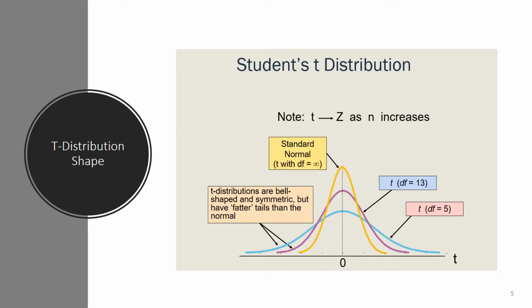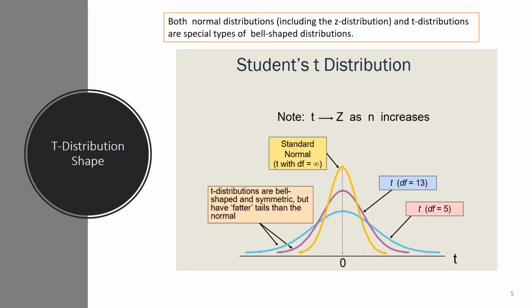Here is the student's t-distribution, or just called the t-distribution. The normal distribution is the yellow one. It's the one with the skinniest tails. And t-distributions have fatter tails. But both the family of normal distributions and the t-distributions are special types of bell-shaped distributions.